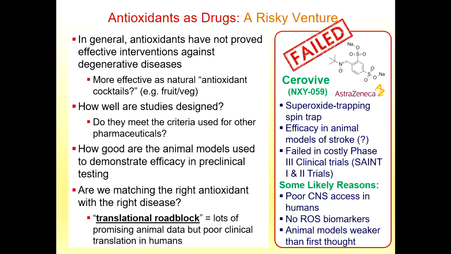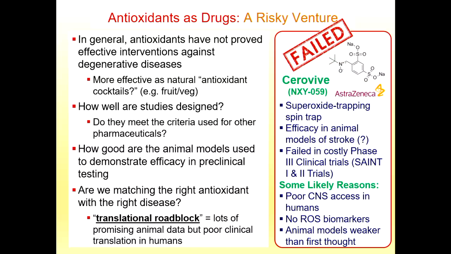So several factors contributed to the failure of these molecules, and that's why ever since, unfortunately, this has left a bad taste in the mouths of people in the pharmaceutical industry towards antioxidants, and so there's more scepticism about an antioxidant being useful as a clinical treatment.